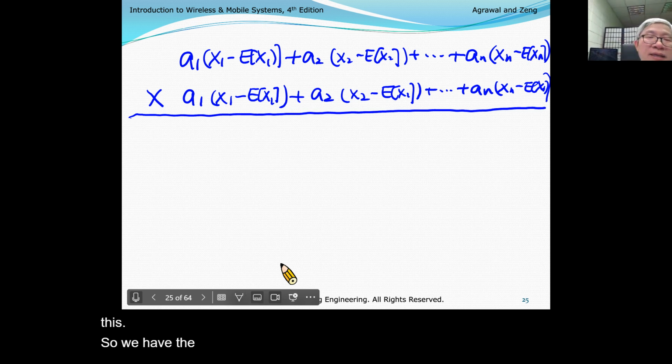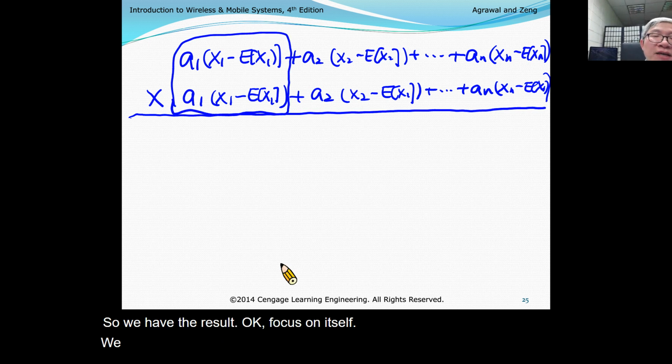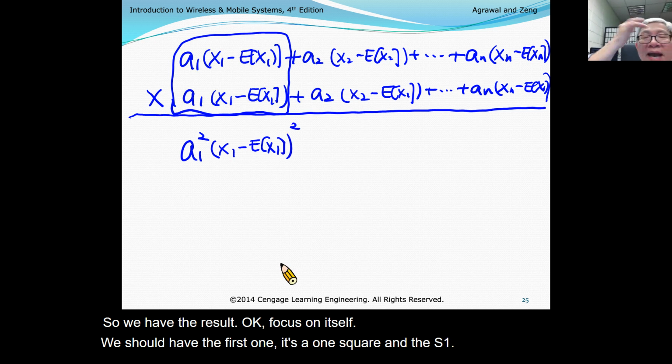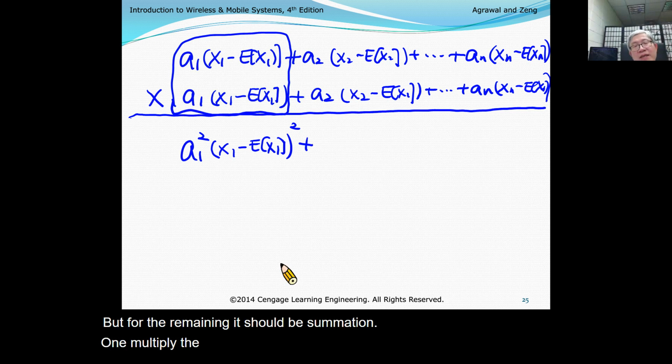Oh, okay. Focus on itself. We should have the first one. It's A1 square and X1 square. But for the remaining, it should be a summation. One multiplied by the others. So how to have these?